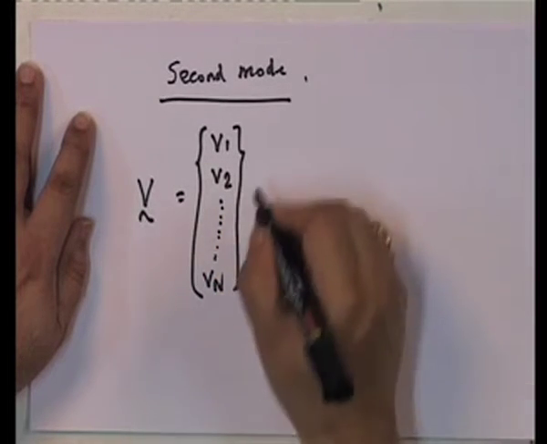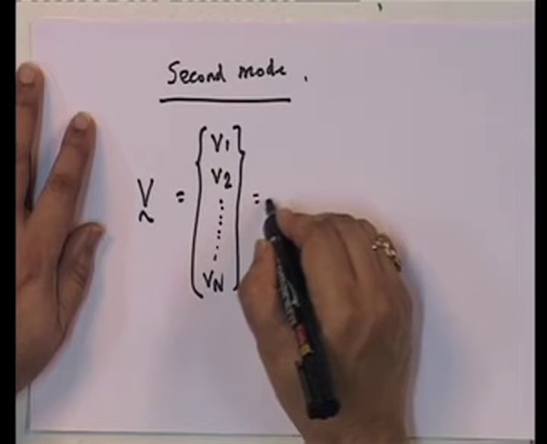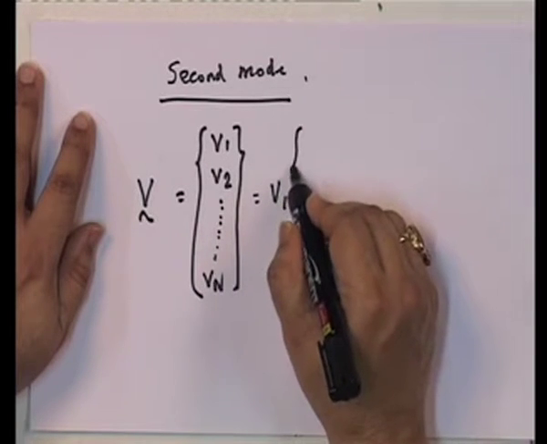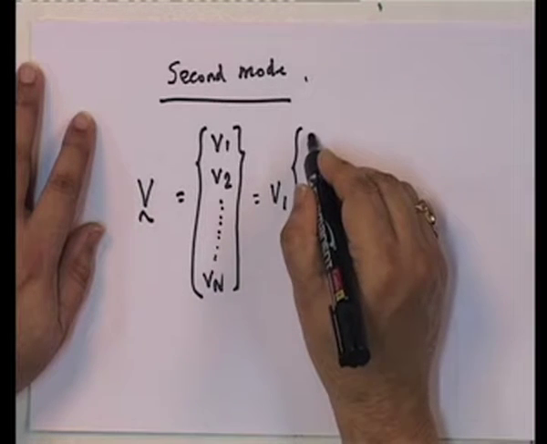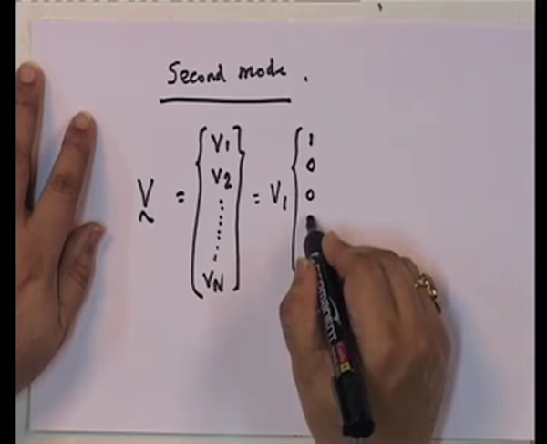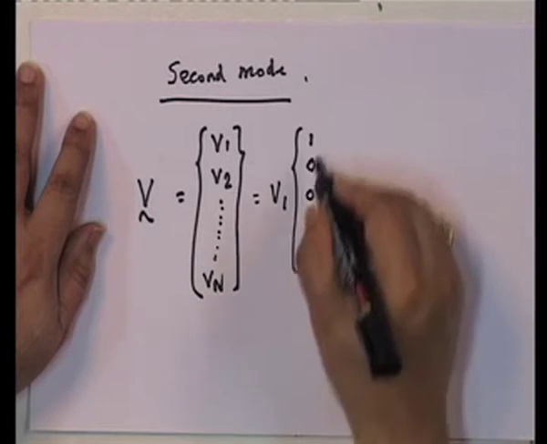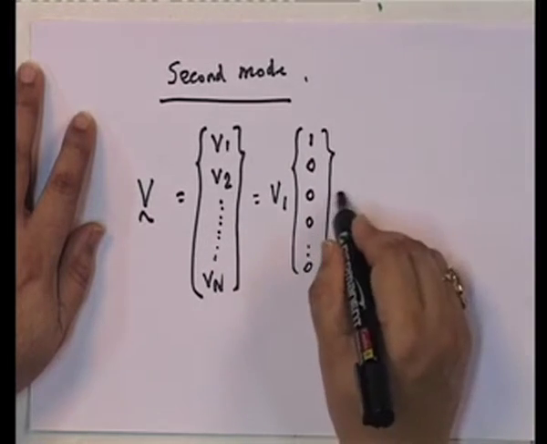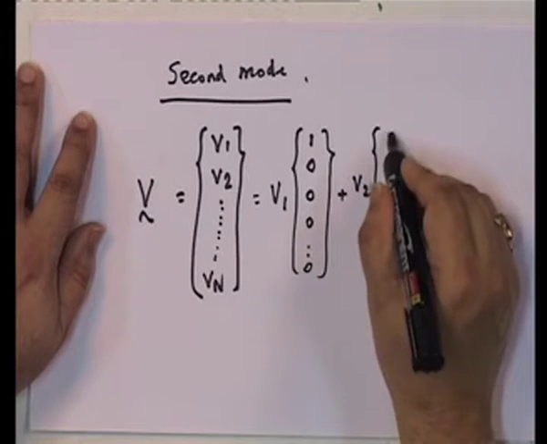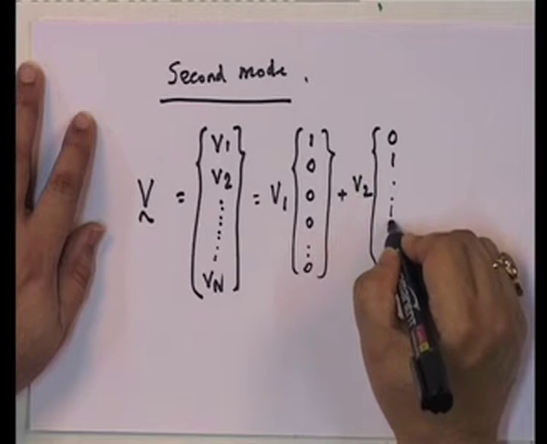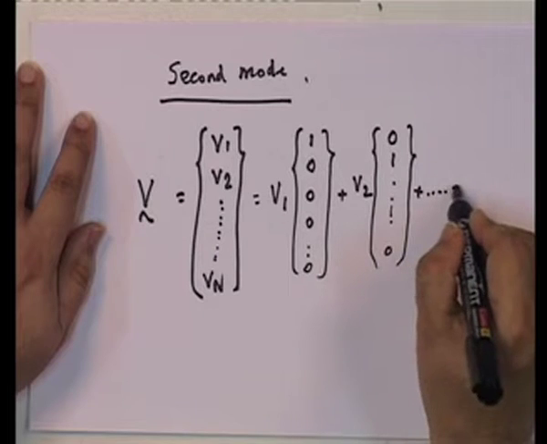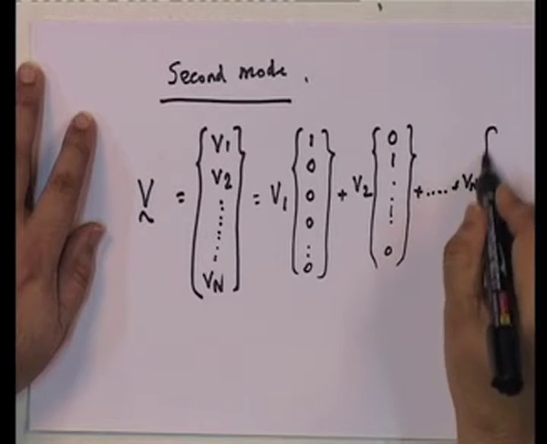isn't it? So, now this is equal to, I can say, is equal to V 1 plus V 2 plus V n.